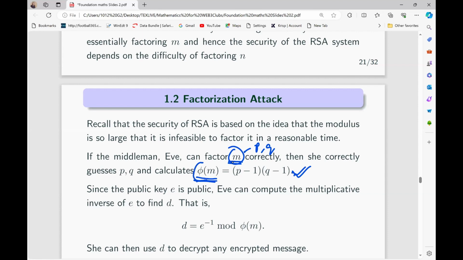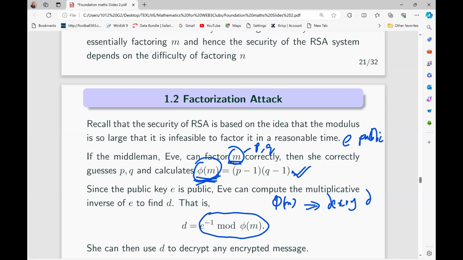And once she gets this, Eva can now, because E is public, and she has managed to factorize, that means she can now calculate phi of M. Once she gets phi of M, she can now calculate the decrypting key, which is D, and D, we said, is just the inverse of E mod phi of M. That is why she was looking for phi of M. Once she gets this phi of M, she can use it to get D, because E is known.